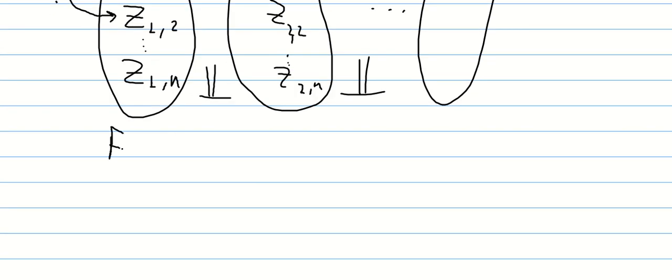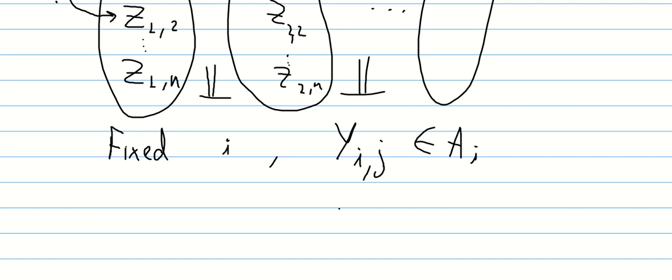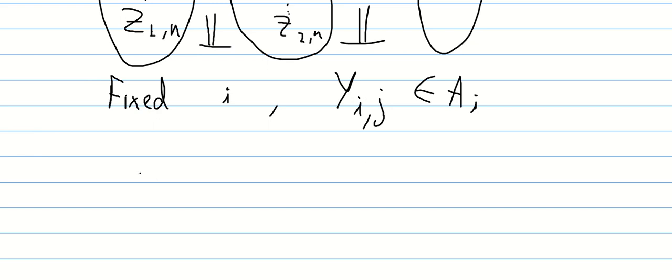So fixed i, we can have n plus 1 possibilities. Fixed i and some point Y_ij, right? This is a point in A_i. It has several possibilities.